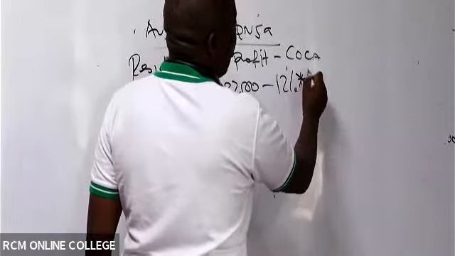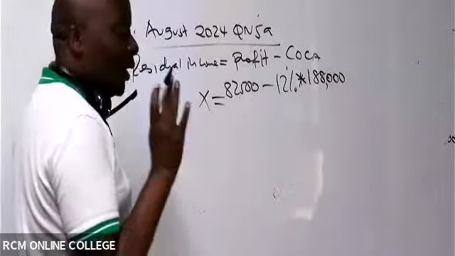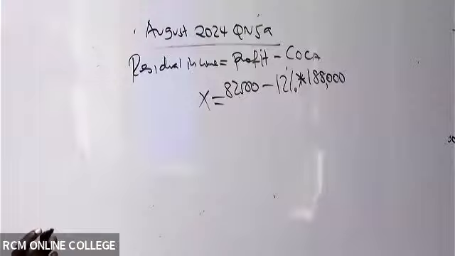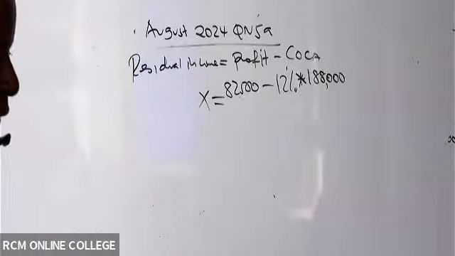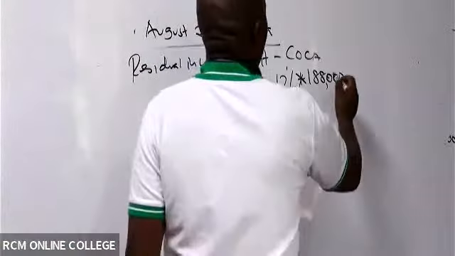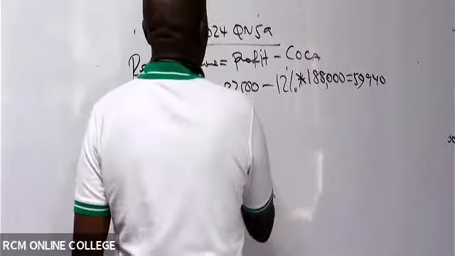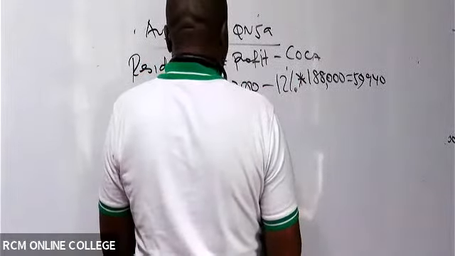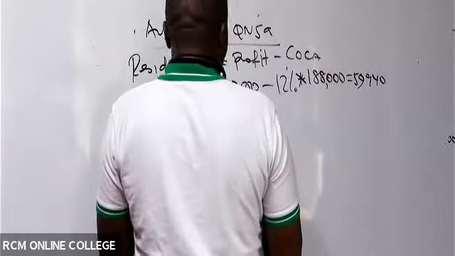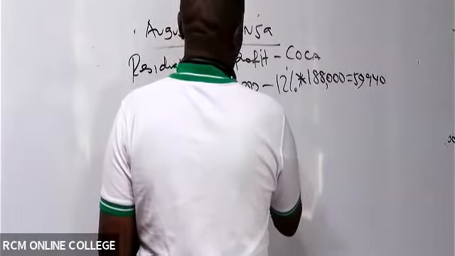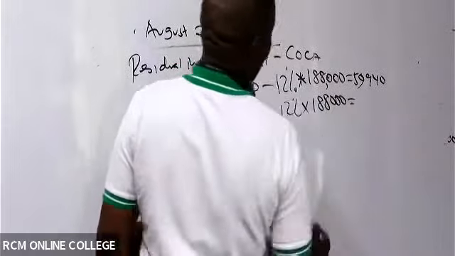So 12% of the capital employed, not of the total assets. So X is 59,940. And then for Y, the operating profit, which is the same as operating income, is 114,000 minus 12% of 188,000.